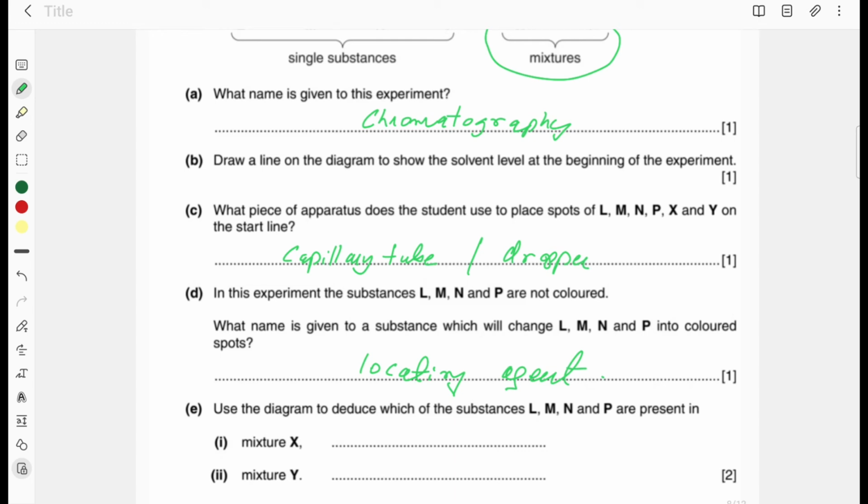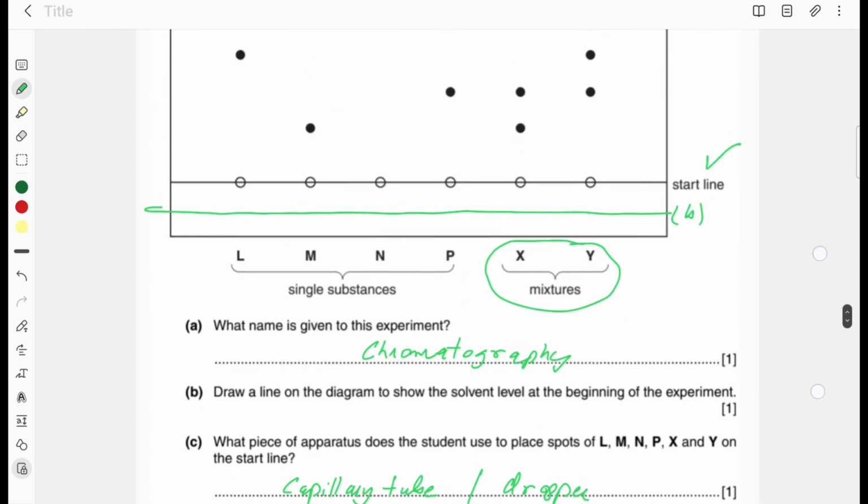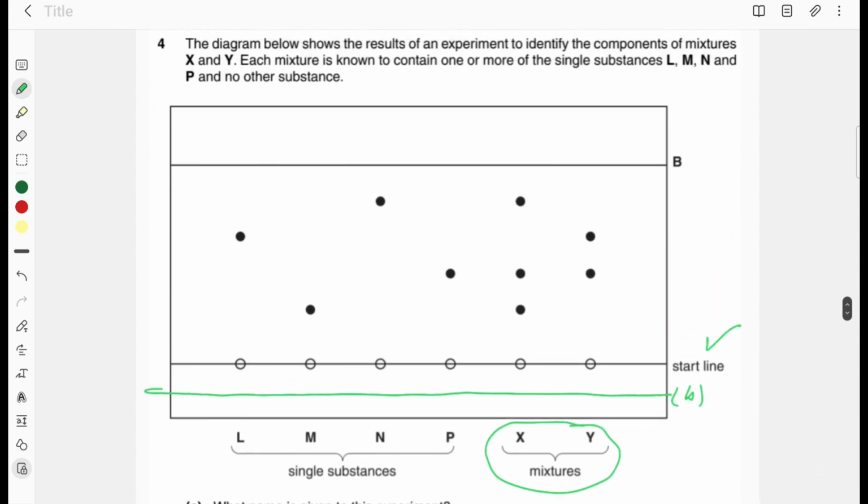Use the diagram to deduce which of the substances L, M, N, and P are present in mixture X and mixture Y. So let me check mixture X first. Go back to the original figure. You can see this X contains M because this dot and this dot both are at the same level.